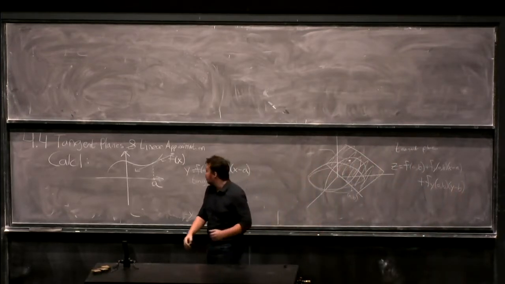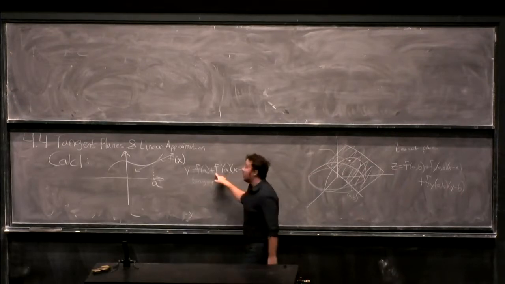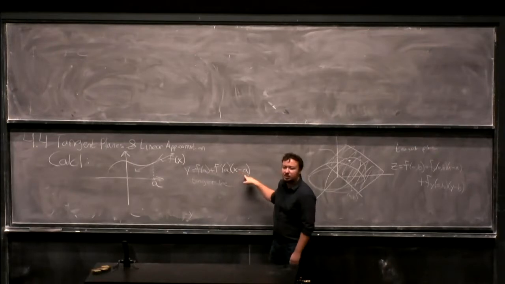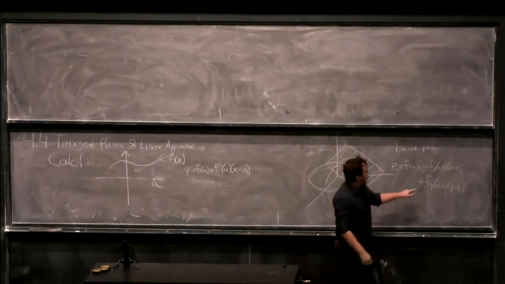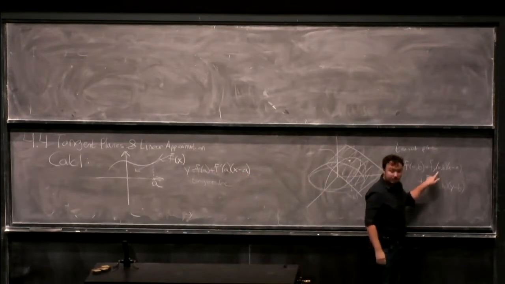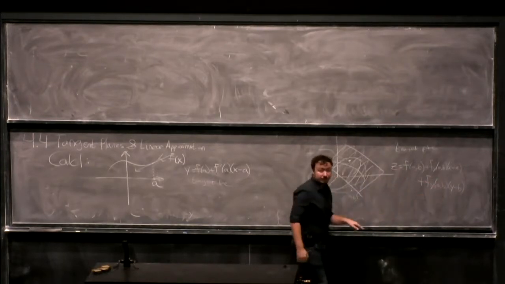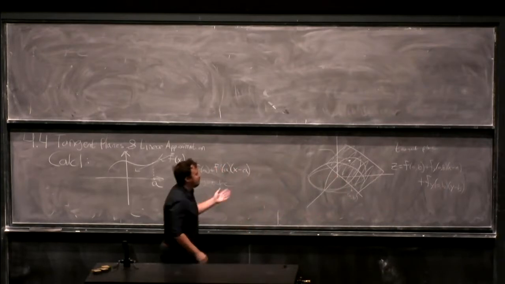That part mirrors this right here. We have a derivative times x, the independent variable, minus the point. Here we have that for both x and y. So that's the theory of what's happening here.